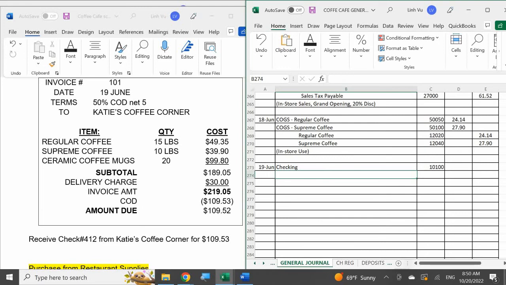They would have to pay the COD charge, which is 109.53. So they paid us 109.53. That's the COD charge. Yes. Okay, all right.